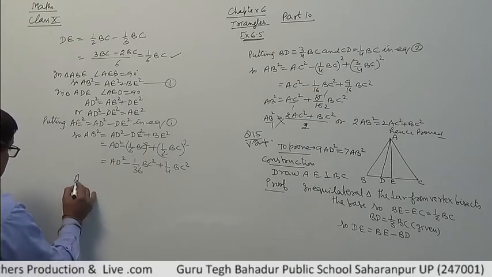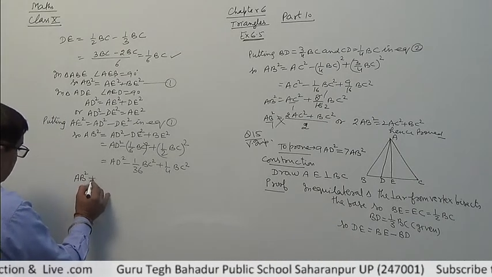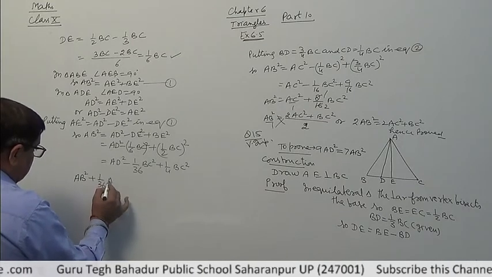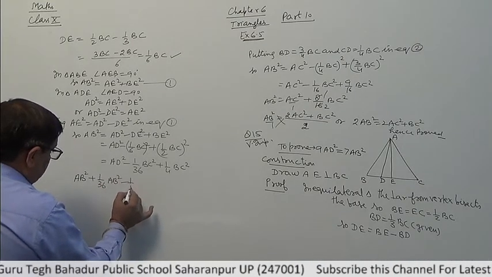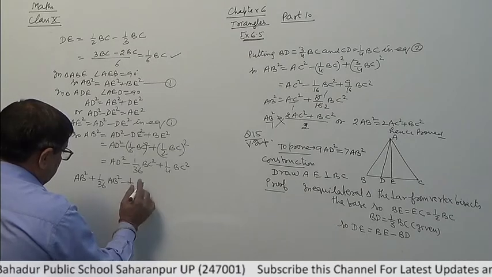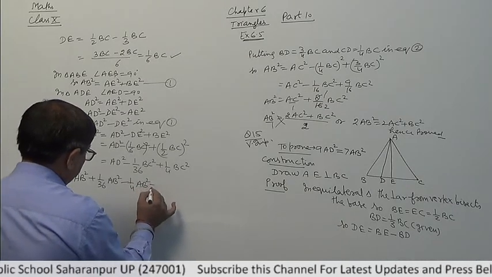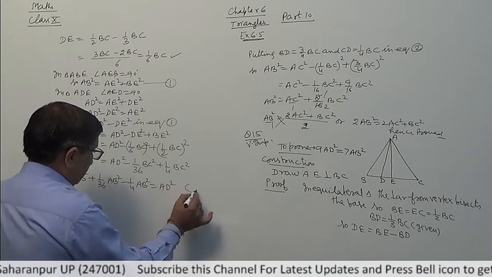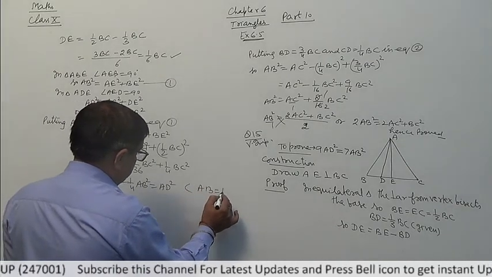Take AB square plus 1 upon 36 AB square minus 1 upon 4 AB square is equal to AD square, because AB is equal to BC.